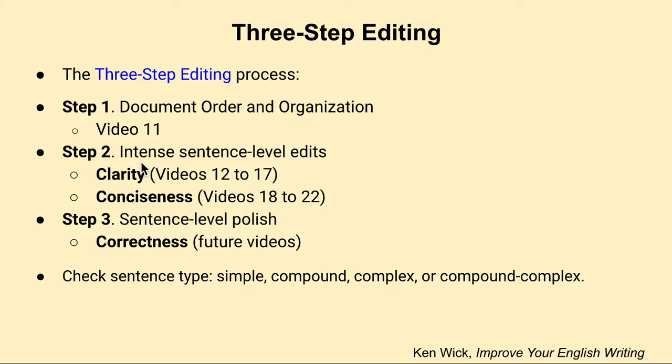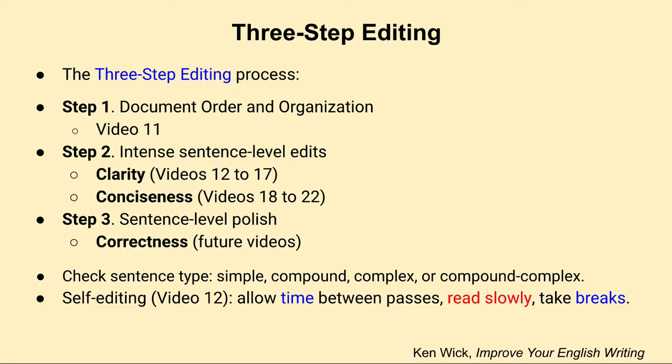Basically, in step 2, you might have done a lot of intense sentence level edits. You rearranged or rewrote the sentence, and this is just another check to make sure you have one of the 4 sentence types.